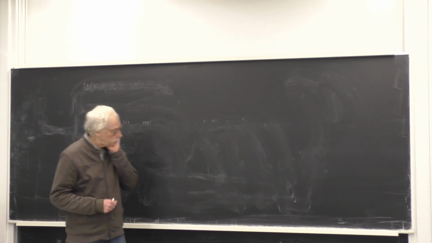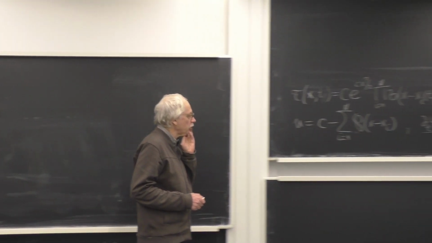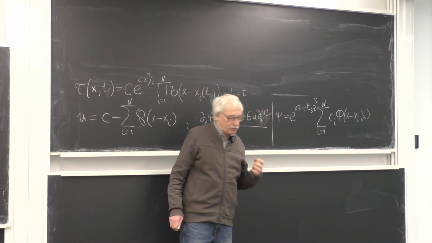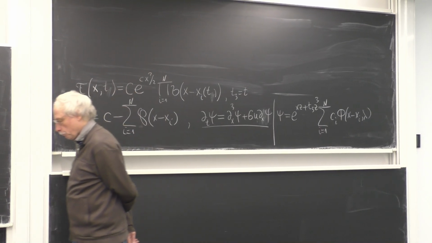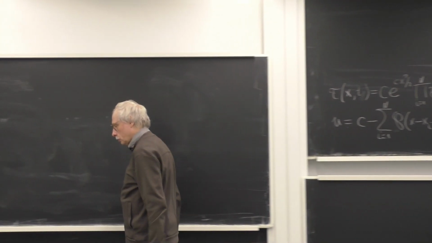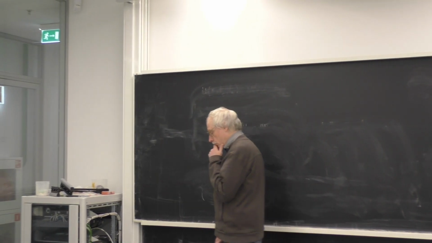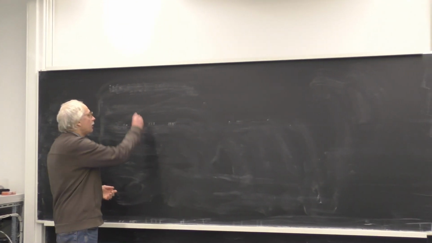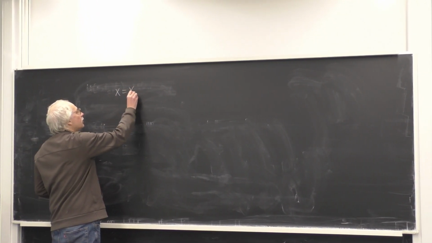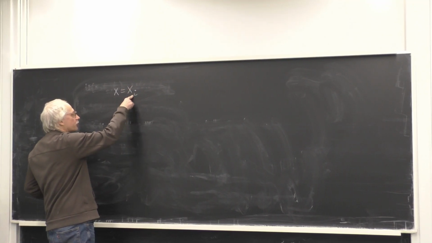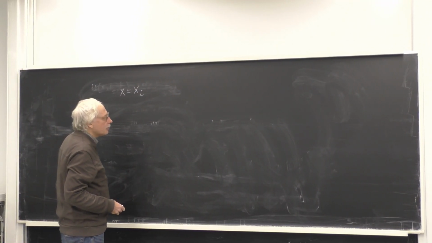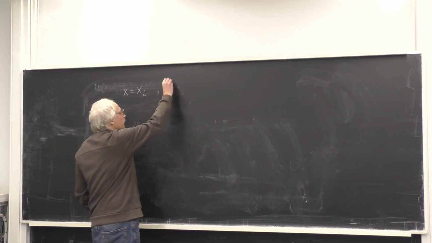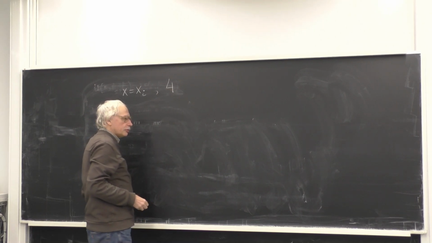If you do so, you get some complicated expression in which there are poles at the points x equal to xi. The highest order pole is 4.